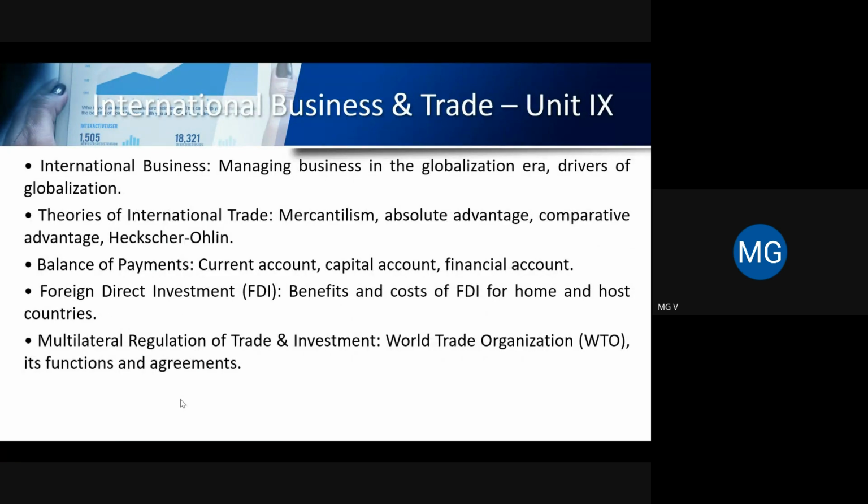So the first part of this unit focuses on international business and trade. International business involves commercial transactions.